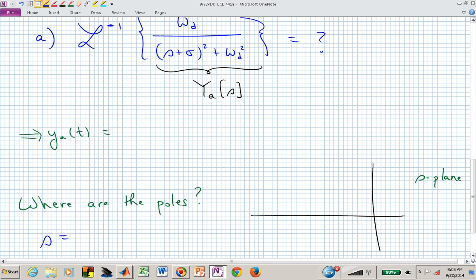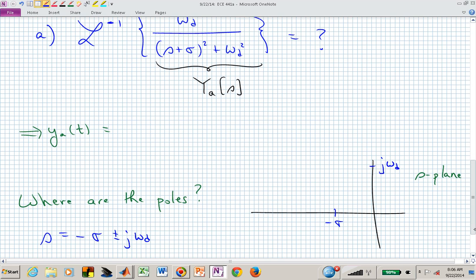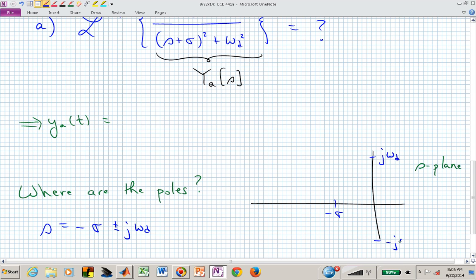The real part is the minus sigma, and then the imaginary part is the omega sub d. Our poles then are at this distance into the left half plane of sigma at minus sigma, and they are at vertical locations plus and minus j omega sub d.